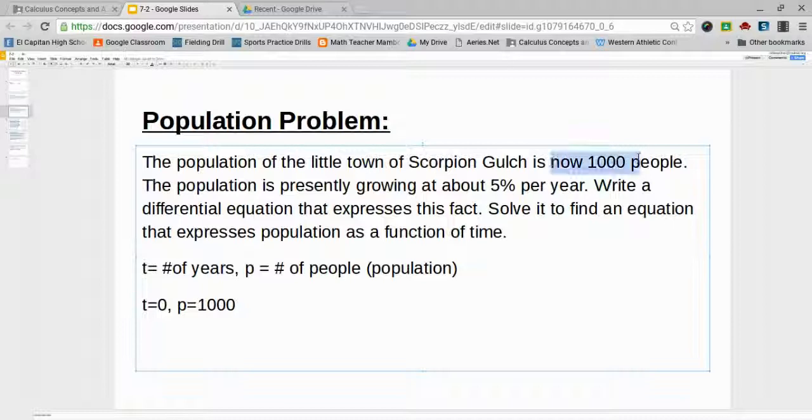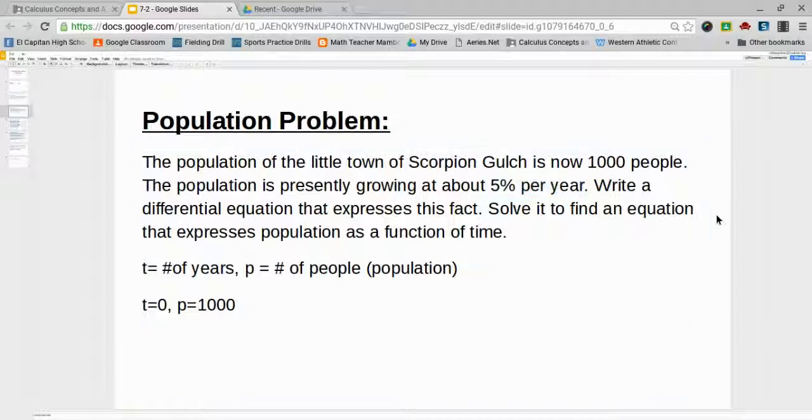Again, I got that from the first sentence where it told me that the population of a little town at the moment right now is 1,000 people. And the next thing that's important to me is the second sentence. Population is presently growing at about 5% per year.